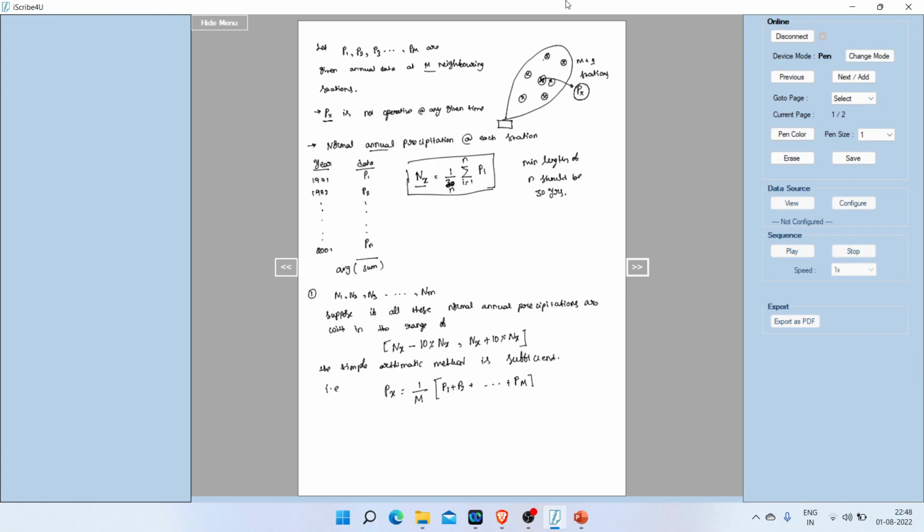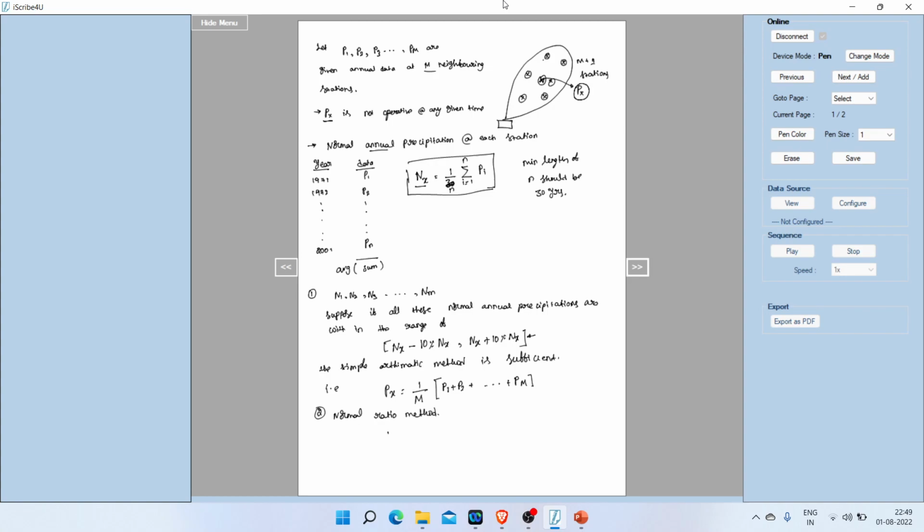If this condition is not satisfied, meaning any one station has a normal annual rainfall which is beyond this range, then we can use the normal ratio method. In this we will use the weighted average.